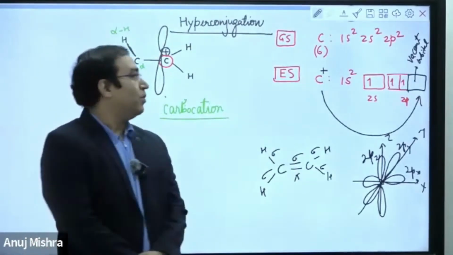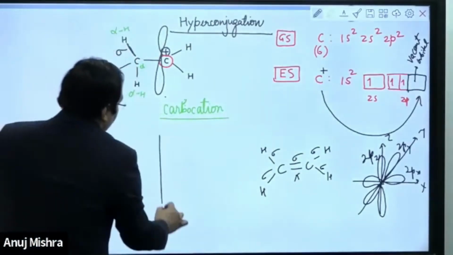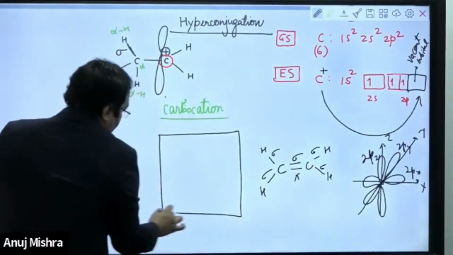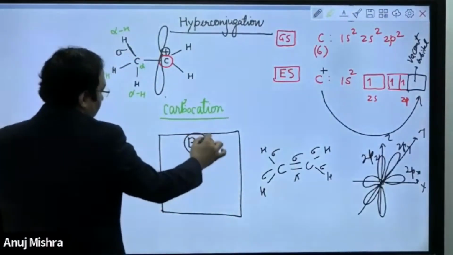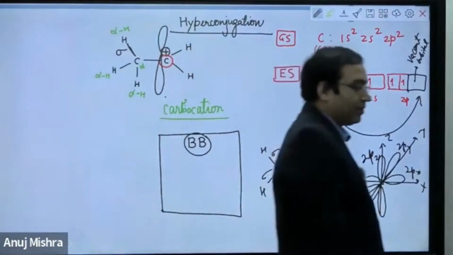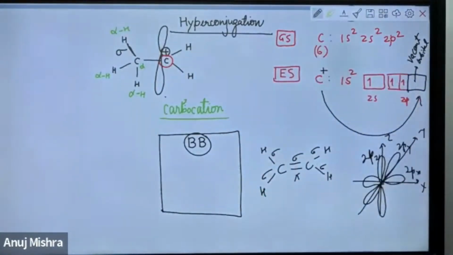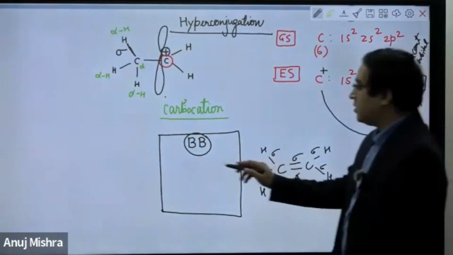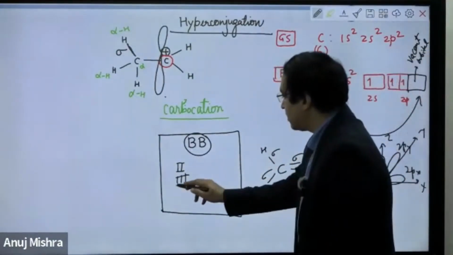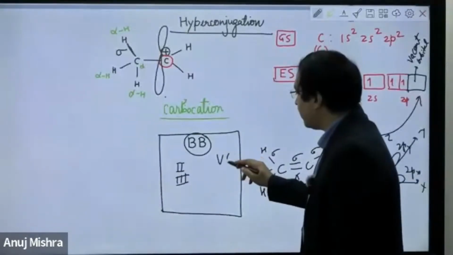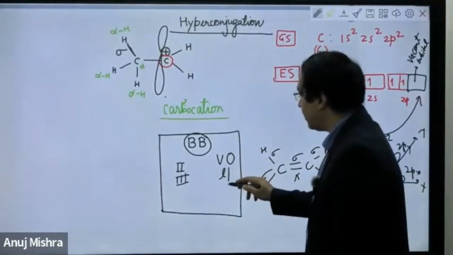Vacant here. So back bonding, in short, if I just quickly revise it, in this small box, write down back bonding. Back bonding is between second and third period members, one having a vacant orbital, the other having a lone pair.